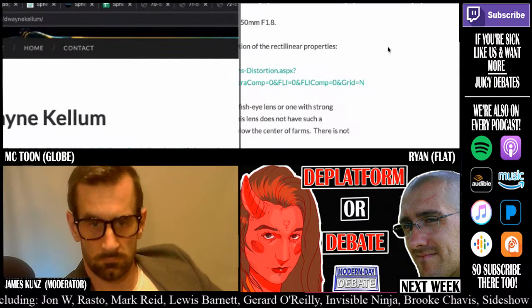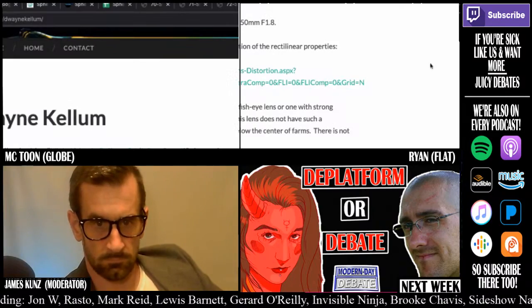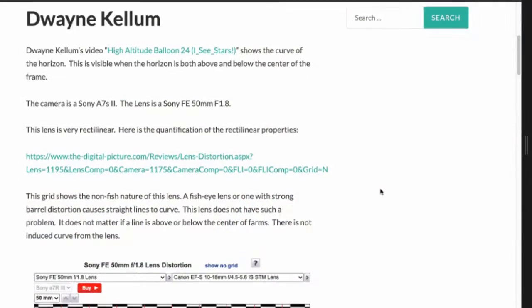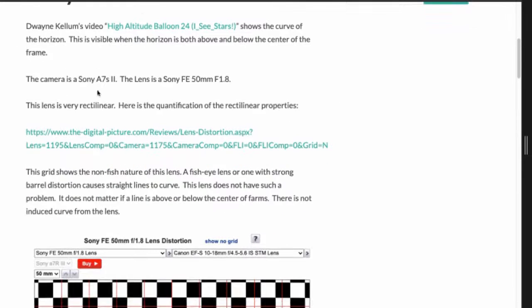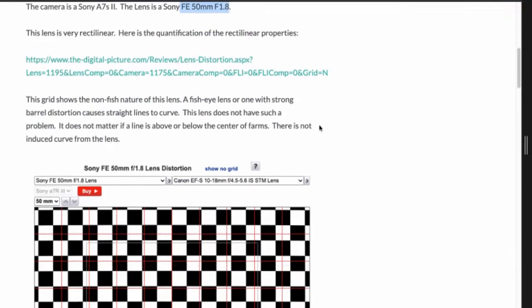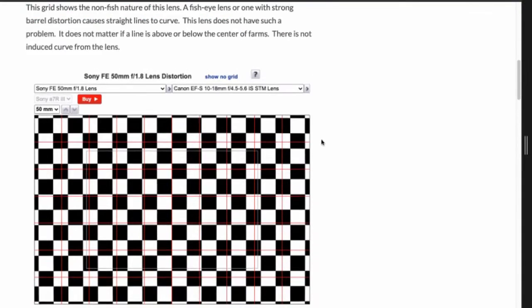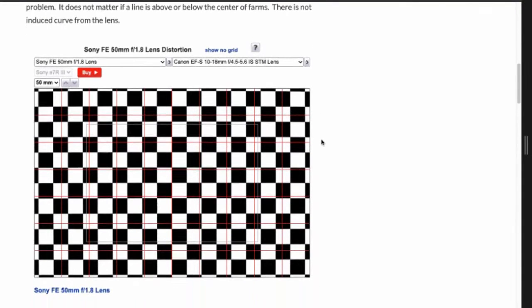Dwayne Kellum, a flat earther, sent a balloon up. It was his 24th balloon that he sent up. Now, he documented the particular camera and lens that he used. He used a Sony FE 50mm 1.8 lens. That lens has been quantified to know how much barrel distortion is in it.